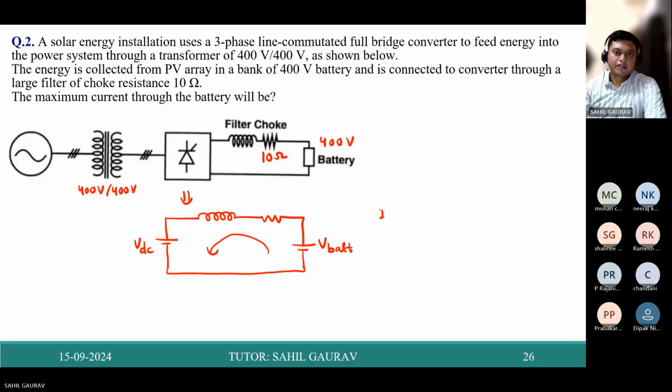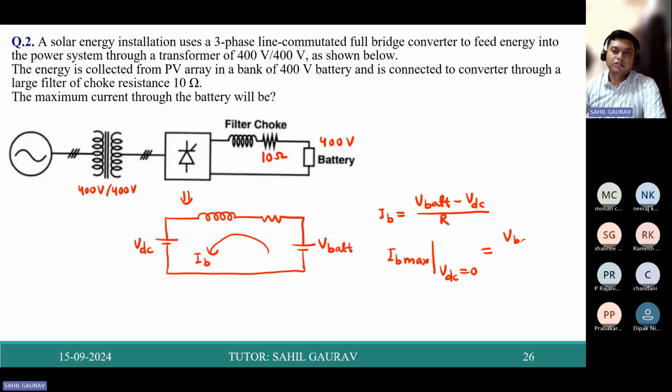So let us take IB equal to V battery minus VDC upon R. To make IB maximum, this DC value should be 0.